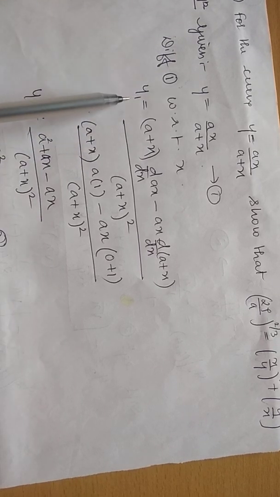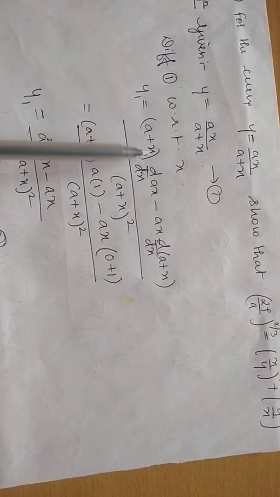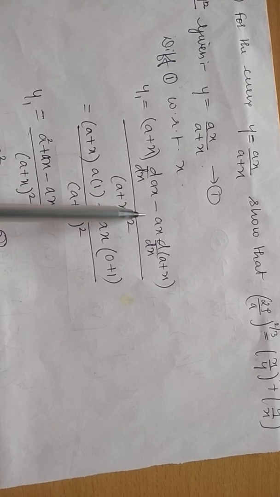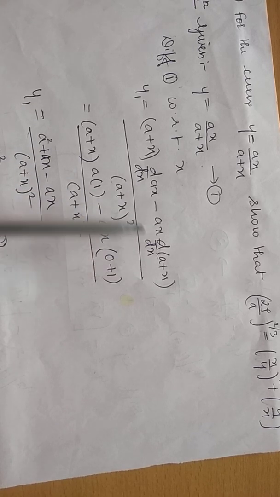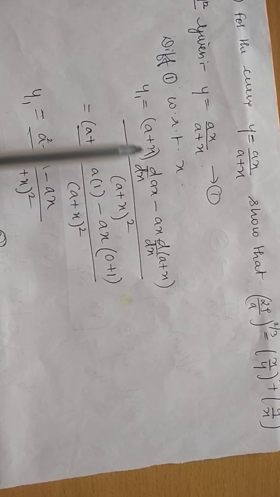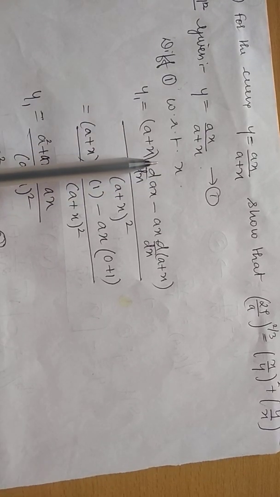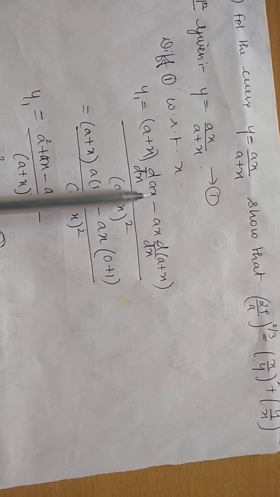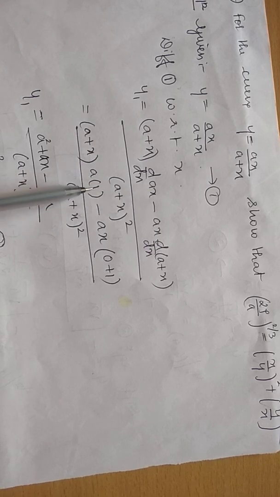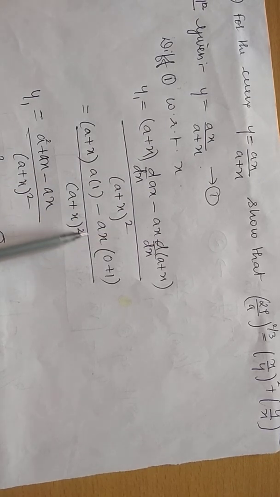The derivative of y is y1 = (v du/dx − u dv/dx)/v^2. Here a+x stays as it is, a acts as a constant and comes outside the derivative, and the derivative of x is 1, so a into 1, minus ax as it is.